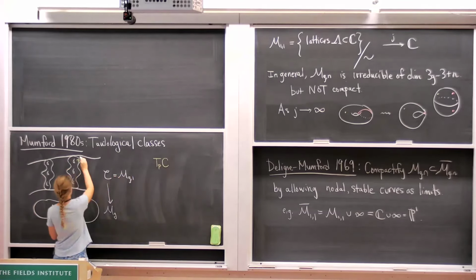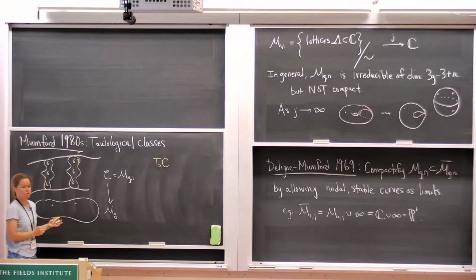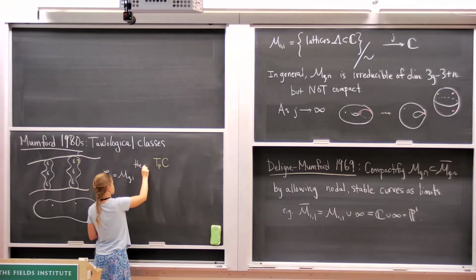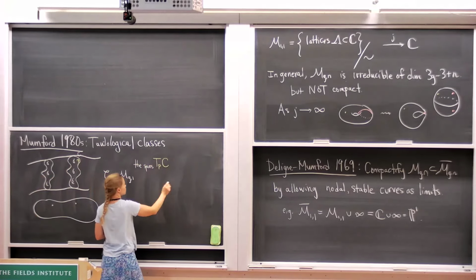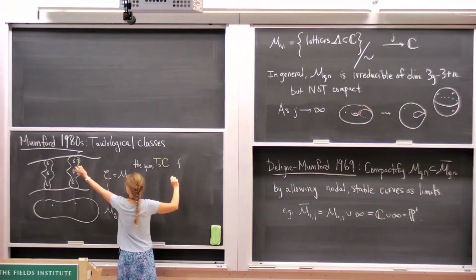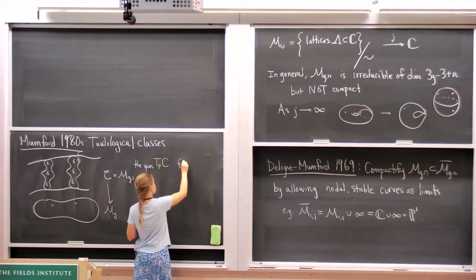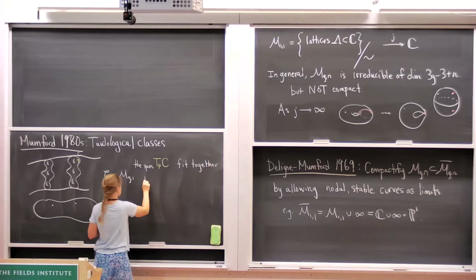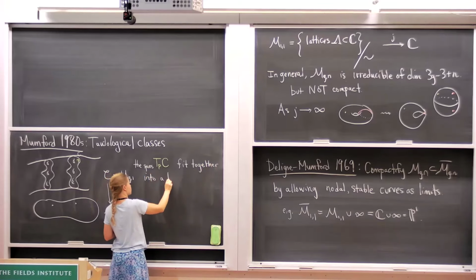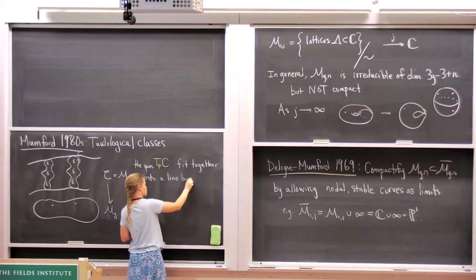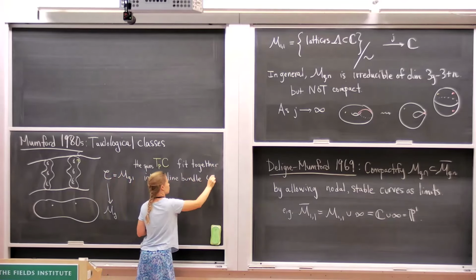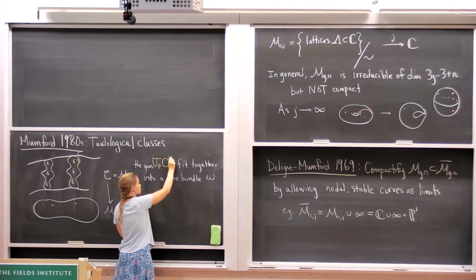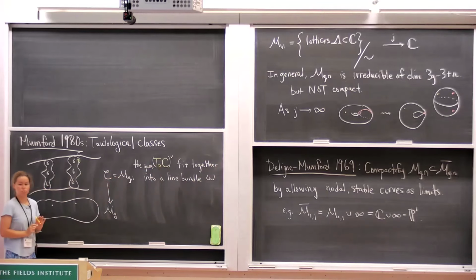So that is some one-dimensional vector space. And these spaces, as I vary over M_{g,1}, fit together into a line bundle, which we call omega, or actually omega is given by using the duals of these spaces.